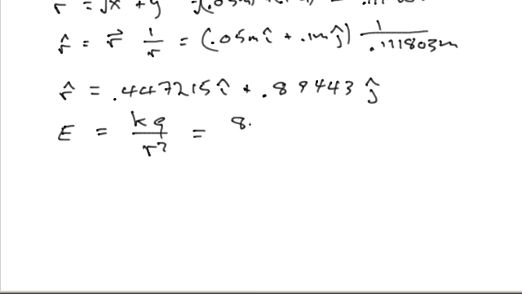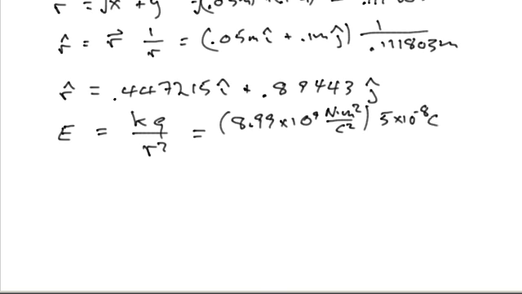So that's 8.99 times 10 to the 9th newton meter squared per coulomb squared times the charge. I think I got that 5 times 10 to the minus 8th coulombs.